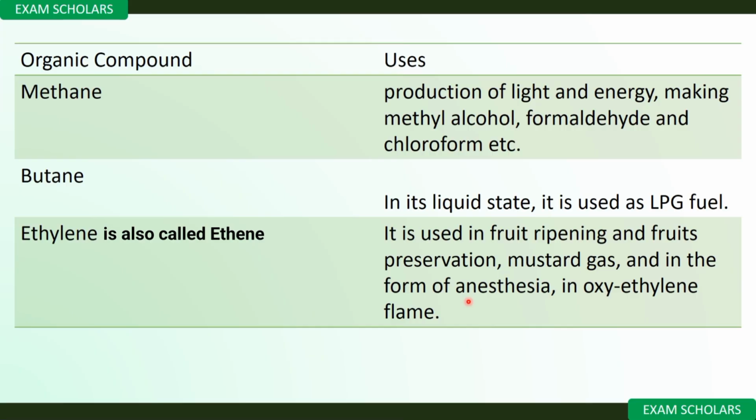Another inorganic compound, not an organic compound, that can be used for making anesthesia is dinitrogen oxide, also known as laughing gas, N2O. Now, this same ethane or ethylene, when combined with oxygen, you can get a flame that is known as oxyethylene flame, which can be used for welding and coating of metals.